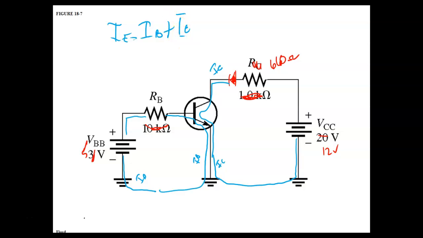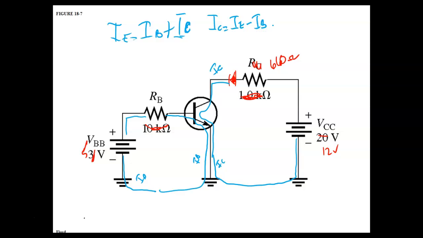So these currents add up. I see that plus sign. So IE is equal to IB plus IC. So it's got to be the largest one, right? You understand? If I transpose this, then IC is going to be equal to IE minus IB.